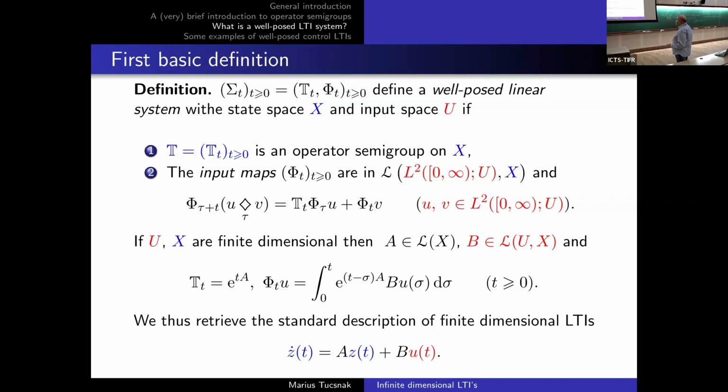The basic example being, of course, if U and X are finite dimensional, which I wrote there, to take the exponential here and this convolution for phi T. But I can begin with these two concepts. So it will be sometimes useful, at least for definitions, to design a system, for the moment, by these two families of operators. So what does this formula say, roughly speaking? It looks a very complicated thing, but in fact, it is extremely simple.